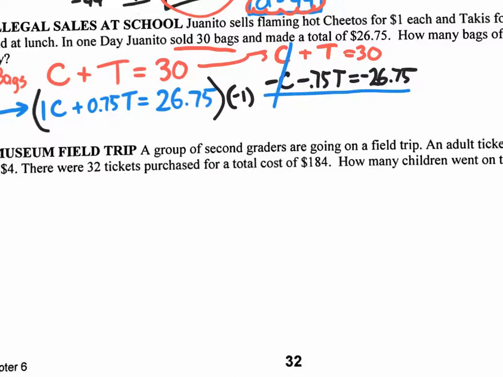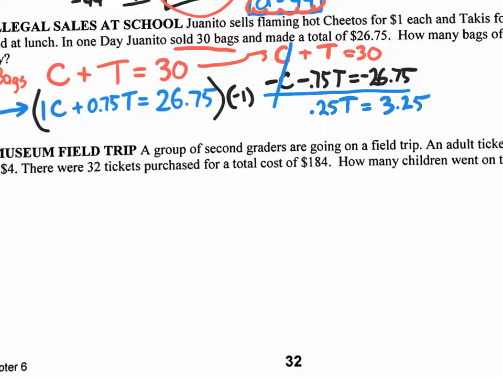So even if you don't know decimals, you could use a calculator. You have one whole right here, take away 0.75. What's one whole, take away 0.75? 0.25. So we have 0.25 of these T's equaling, and with the calculator, 30 take away $26.75. That's 3.25.